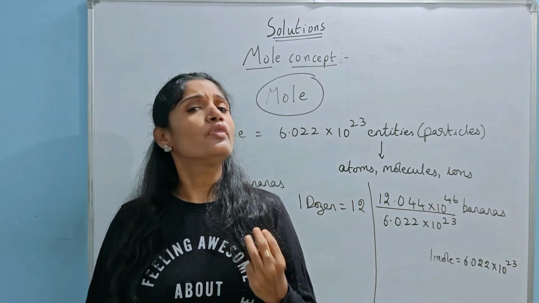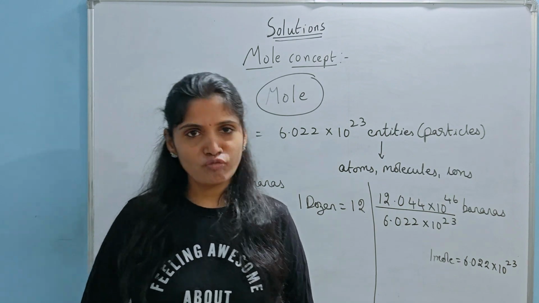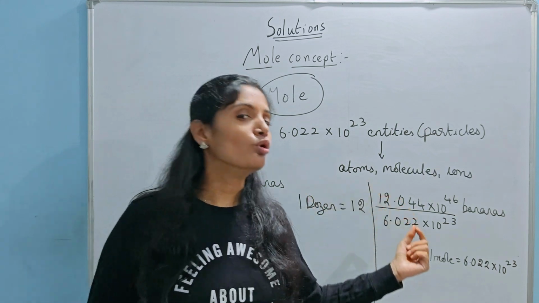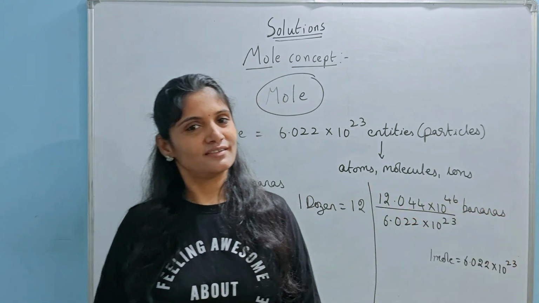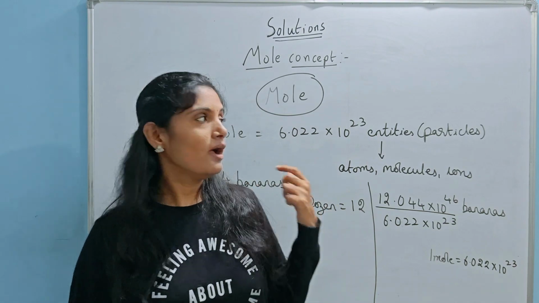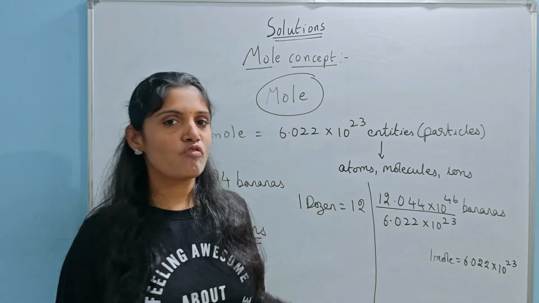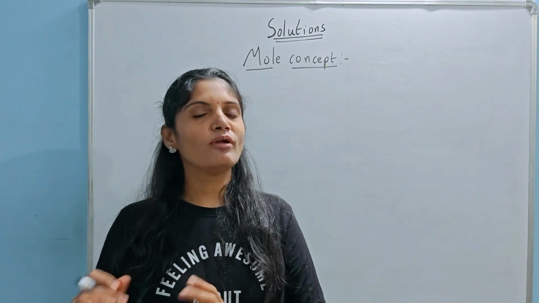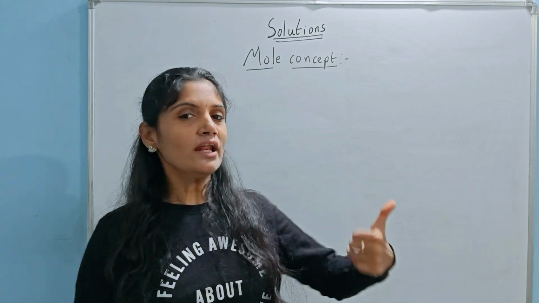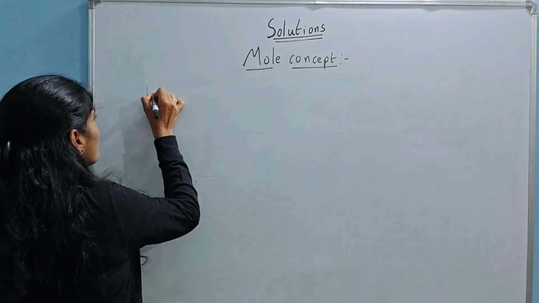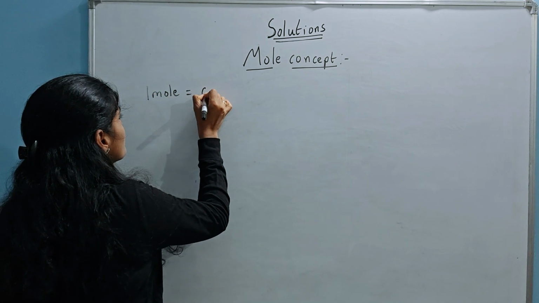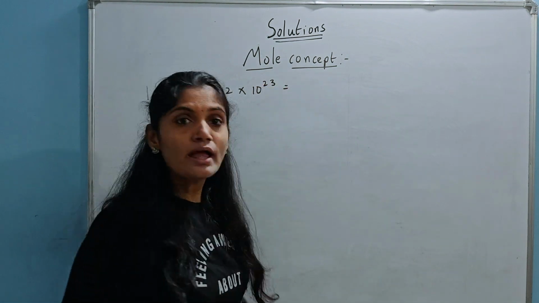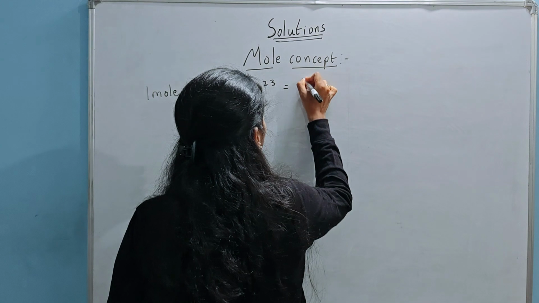Let's do it. There are three major formulas to calculate number of moles. In that, the first one is calculation of moles using the number of particles. Let's see the first formula and how did we come to it. So before going to the formula part, let's quickly write what we have studied. 1 mole is equal to 6.022 into 10 to the power of 23, which is equal to Na.